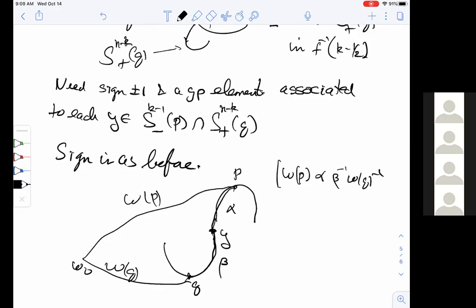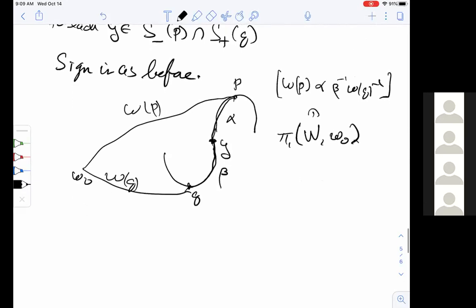And that's a loop based at omega naught, and so that's an element in the fundamental group of W based at W naught. It, of course, depends on my original choice, which is fixed for this discussion, of these paths, omega P and omega Q, and it's independent of the choice of alpha and beta, since alpha and beta are in simply connected manifolds, disks.